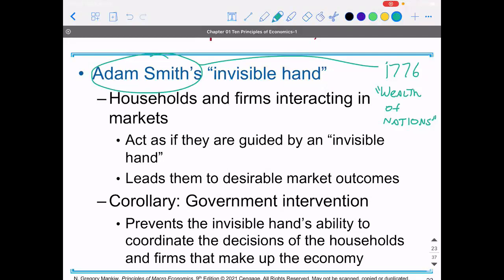Adam Smith talked about this invisible hand existing. What he described is that a free market should exist because each individual is guided by prices to make the right decisions.